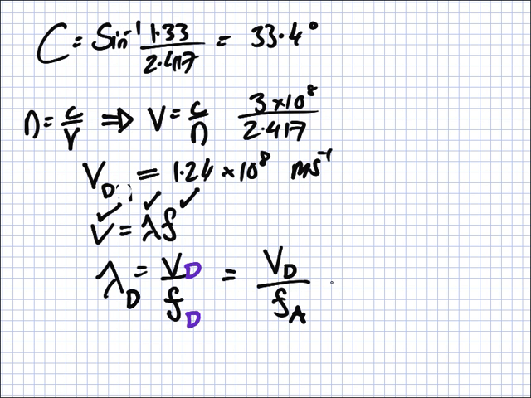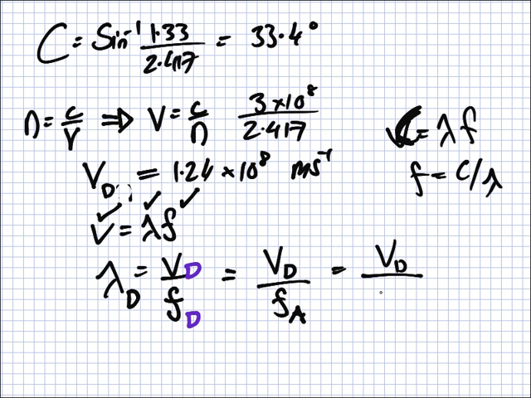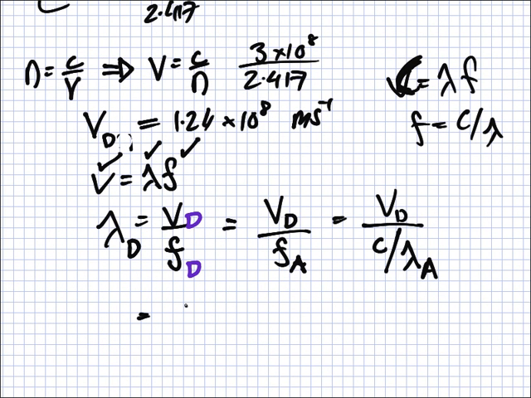And if I use the formula V equals lambda f, so f equals c over lambda. So 3 times 10 to the 8 over that wavelength in air. Sorry, I'm nearly there. So that's V in the diamond, lambda in the air, over the speed of light in the air.